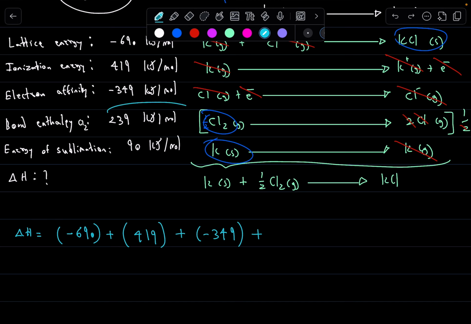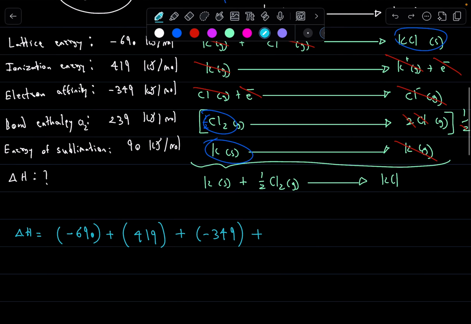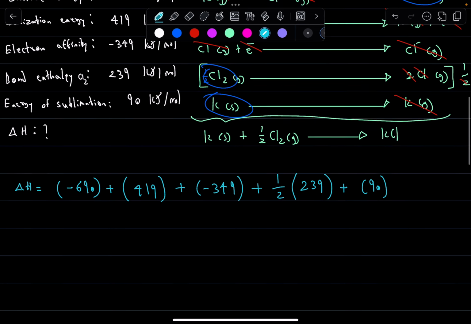So we need to divide this by 2, because if you remember what I said before, whatever is happening here is just a representation of this, or vice versa, depending on how you want to think about it. So you're just going to divide your bond enthalpy number by 2. And did we do anything for this step? We did nothing. So you're just going to do that.